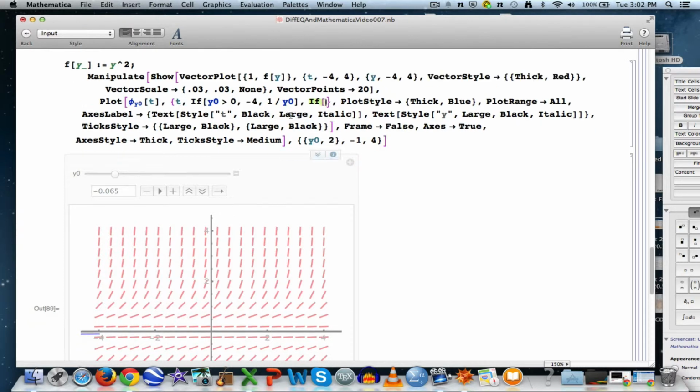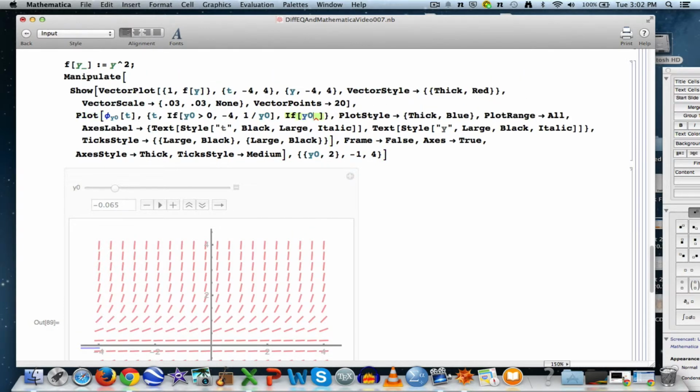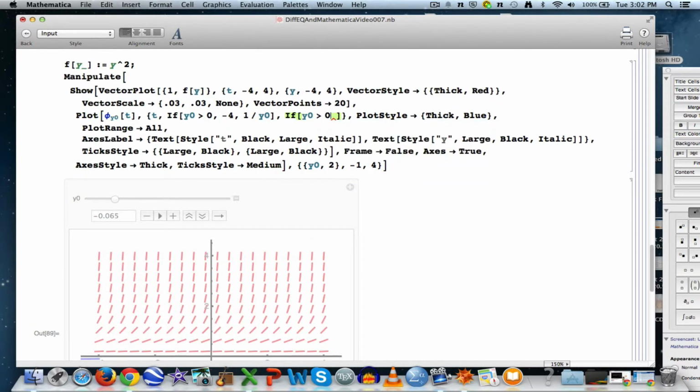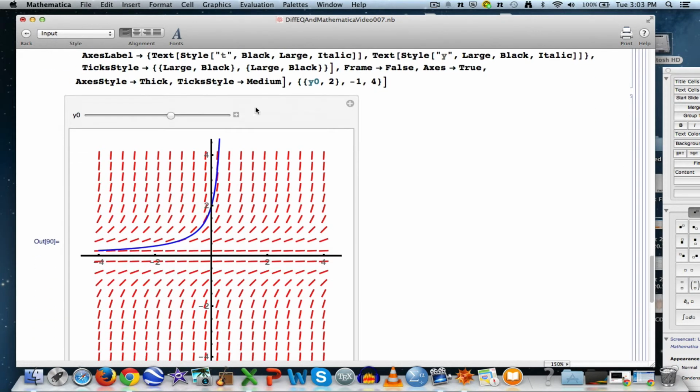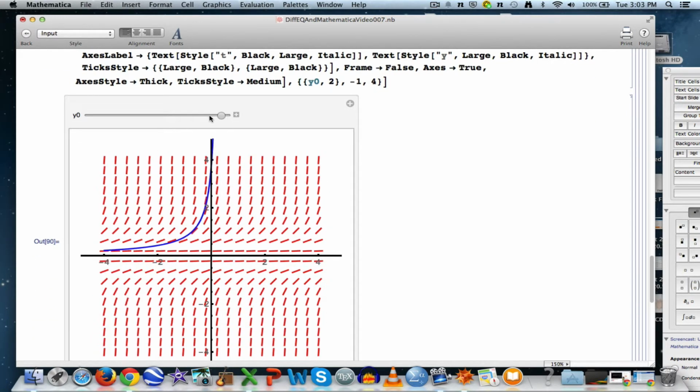The right endpoint can also be described in terms of the If. If y0, the initial condition, is greater than 0, then I want that right endpoint to be 1 over y0. Else, if y0 is not greater than 0, I want this to be +4. And this takes care of both cases, when y0 is positive and when y0 is negative.